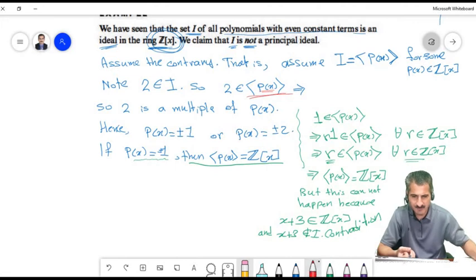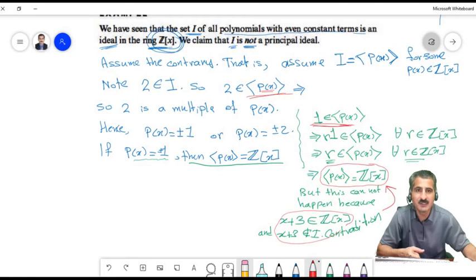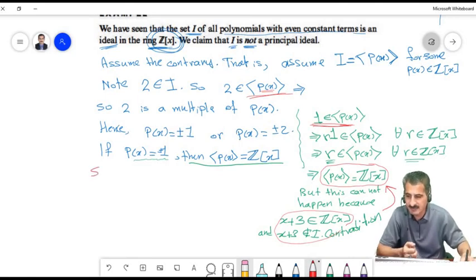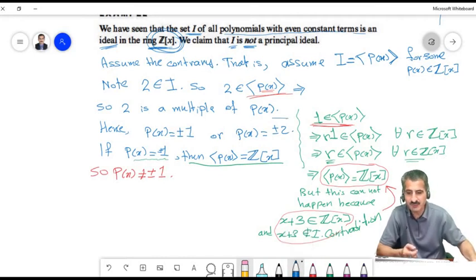What caused that contradiction? This assumption. So we cannot allow p(x) to equal 1, and similarly negative 1, and therefore we are forced to take the second option.